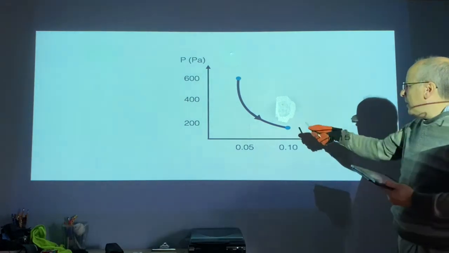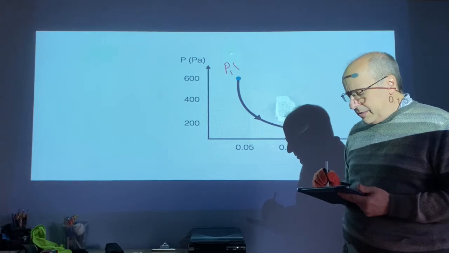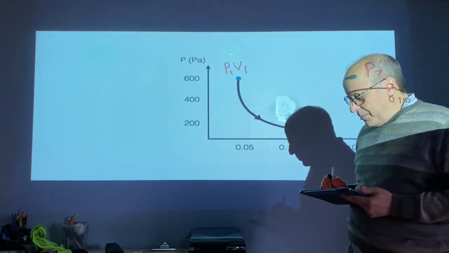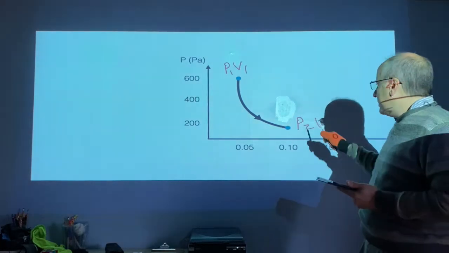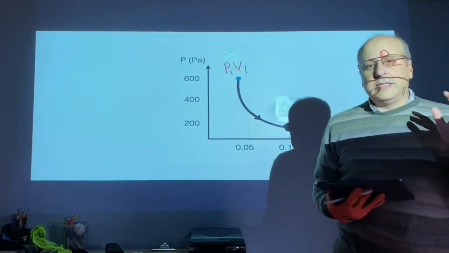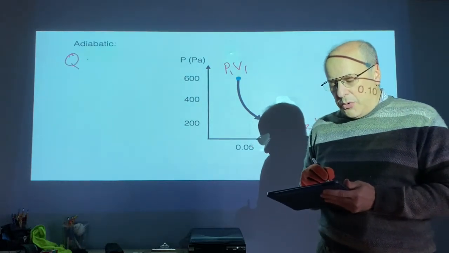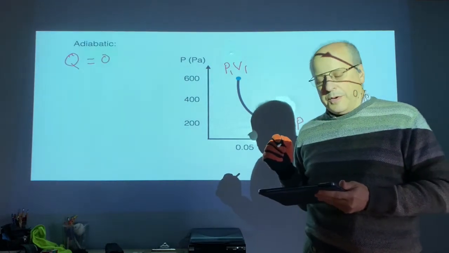The last one kind of looks isothermal, but if you did your P1, V1 test, you'd find that the pressure and volume do not have the same product when you multiply them together. This is called adiabatic, and adiabatic means no heat gets in or out of your piston.